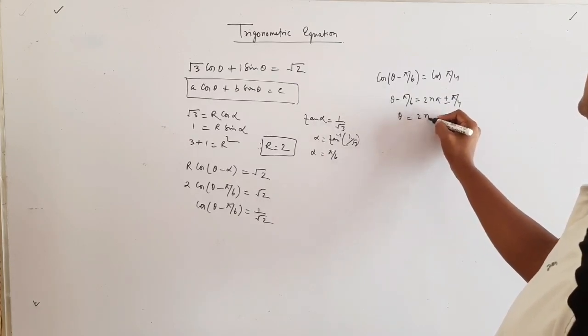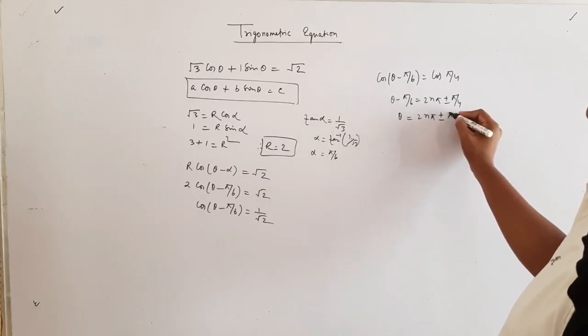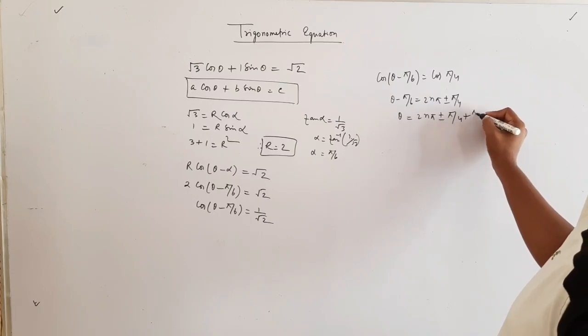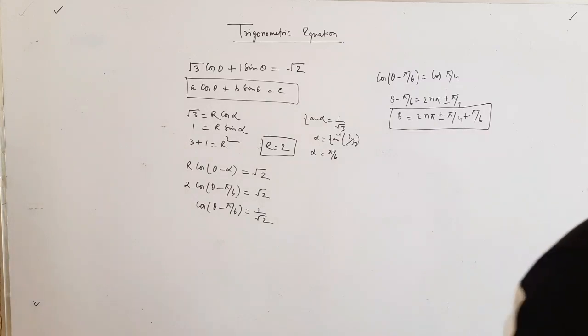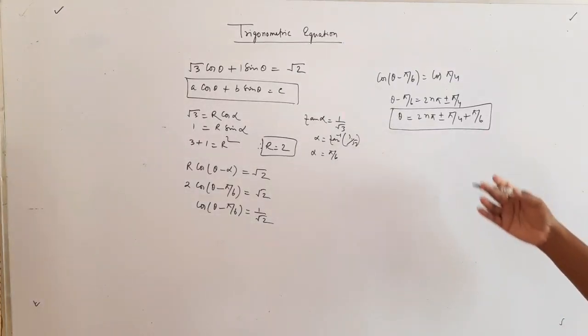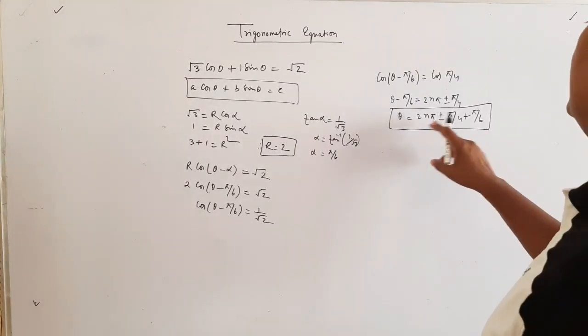Theta is 2n pi plus minus pi by 4 plus pi by 6. And then you can keep on putting different integer values for n, and then you can get the values.